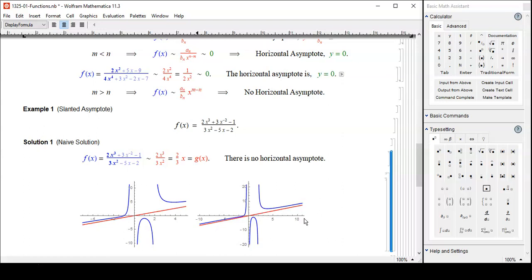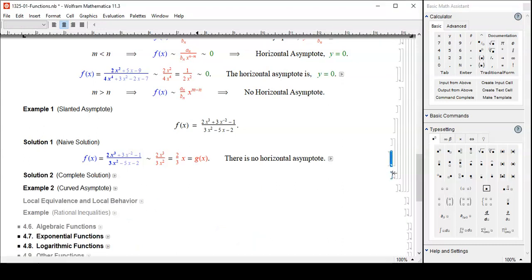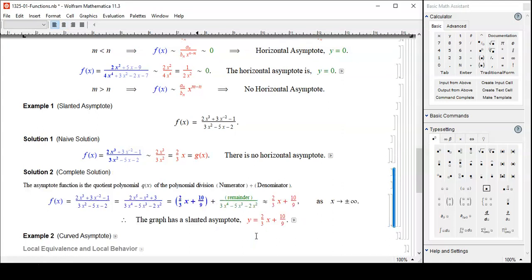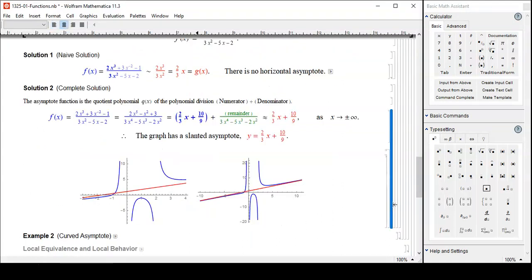They share a similar asymptotic behavior, the same slope, yes, but they don't get closer and closer together. It turns out you have to do something more. You have to do some polynomial division, and then you get the real slanted asymptote. But please note that the slope is the same as the one you got before through this asymptotic equivalence behavior.